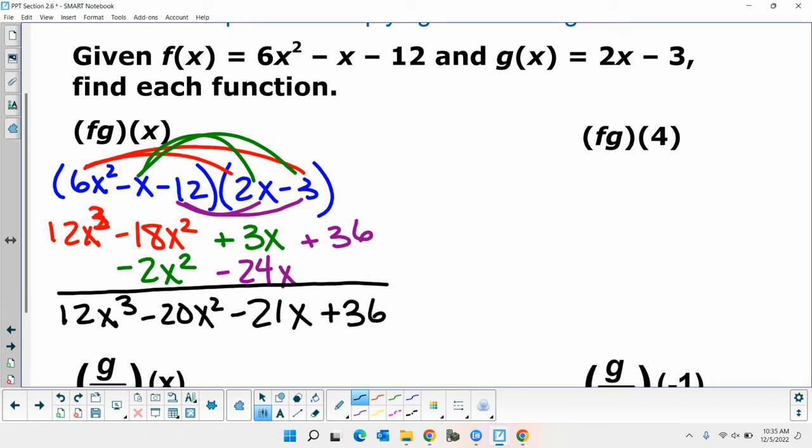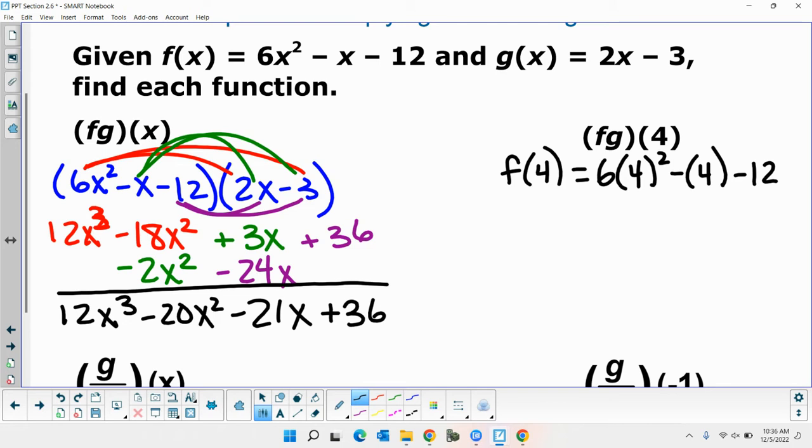What I would do on the multiplication ones, I would plug the 4 in first for both and then multiply. So I would do f of 4 first, which would be 6 times 4 squared minus 4 minus 12. 4 squared is 16 times 6.